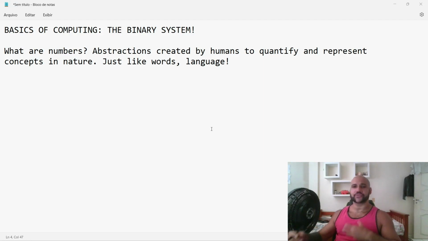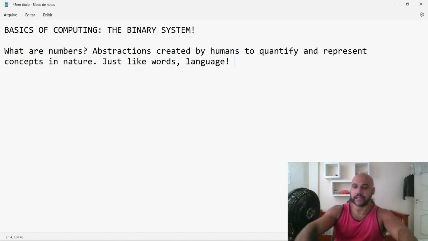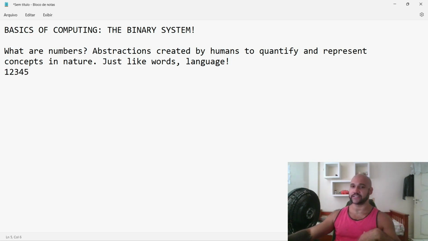So as abstractions, they are, let's say, artificial. They don't really exist in nature apart from humans. They depend on humans. We don't see numbers running on the street or anything like that. We can represent numbers, we can draw numbers, we can type numbers, but they don't really exist in nature, quote unquote.